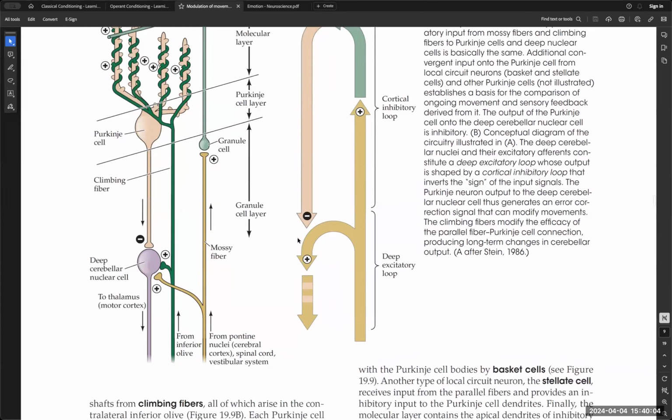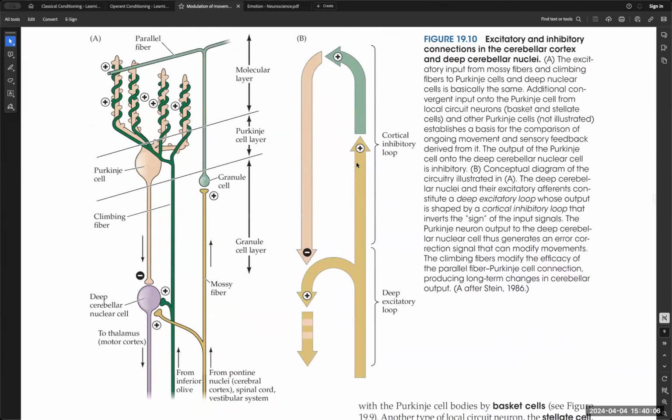Okay? And based on this, as you can see, it's more like a two loop modulation of activity that comes from inhibition initially until the modulation happens and then directly goes from the deep excitatory loop to the output nuclei once things are learned. Again, how do we know whether things are learned or not? Is there an error signal coming on the climbing neuron that is coming from the inferior olive or not?